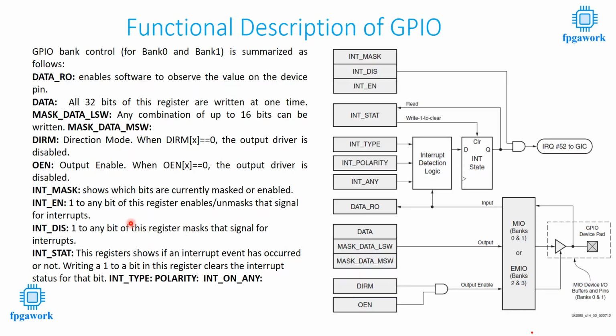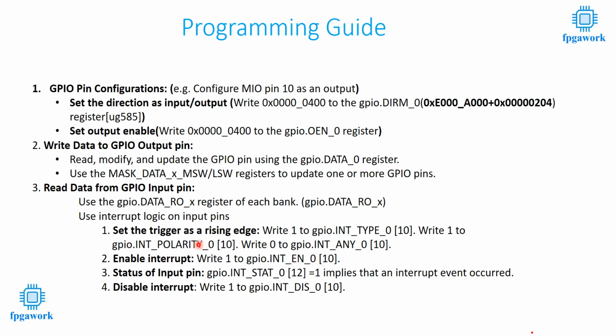We can configure it as a normal input, or we can configure it as an interrupt. If we configure it as an interrupt, we will do the following things. Like in this example, we set the trigger as a rising edge: write 1 to interrupt type, as it is 32-bit again.